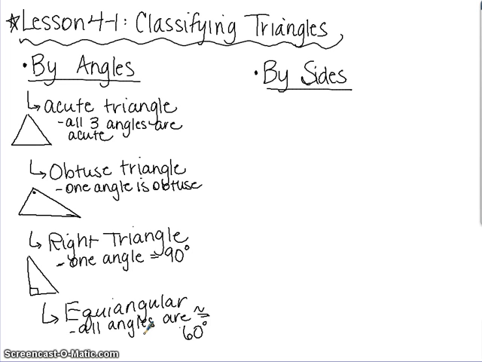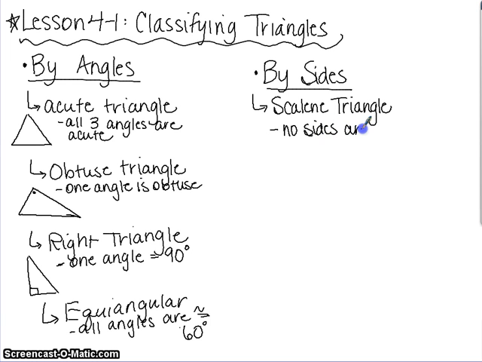Let's classify by the sides. There are three of them. The first one is scalene. Okay, a scalene triangle. That means that no sides are congruent.